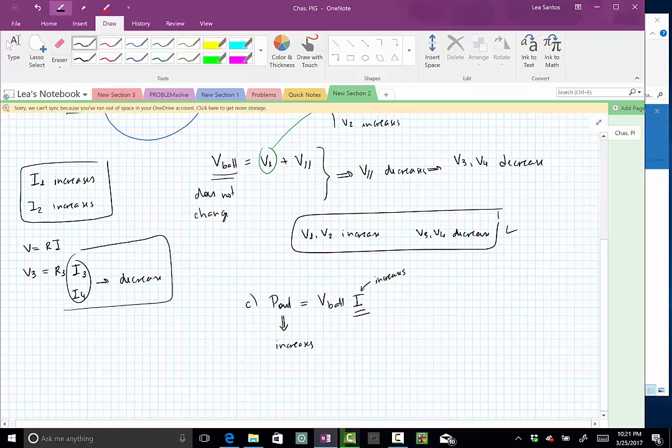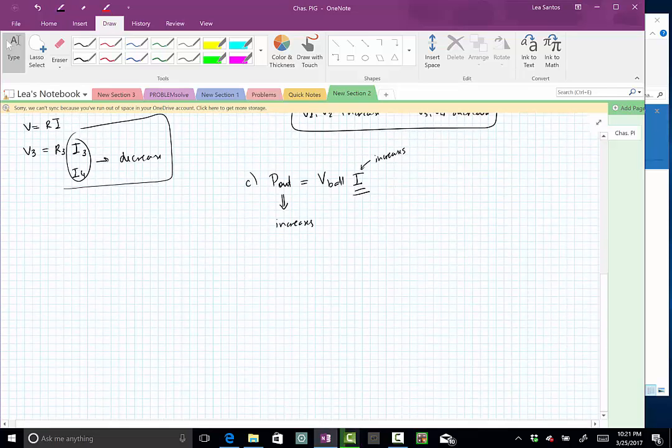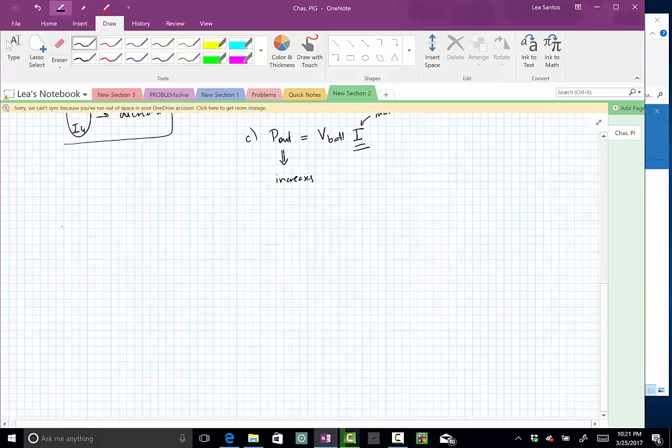Okay, so now that we anticipated everything that happened, we can go and confirm all this using real numbers. So now they give us the resistances and the potential difference of the battery. Okay, so what we know is all the resistances are equal, and each person should have a different value here.